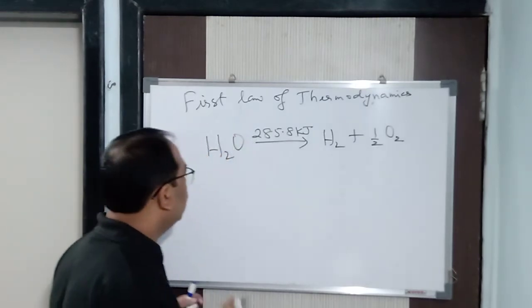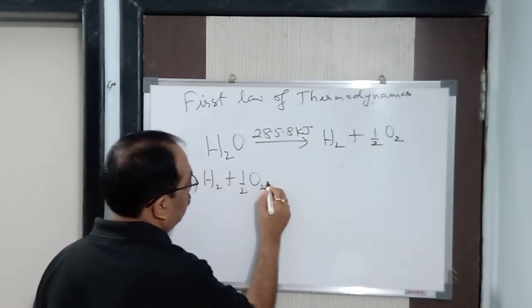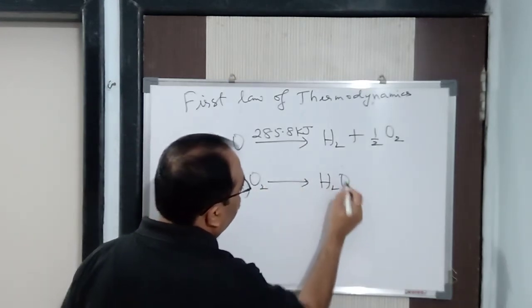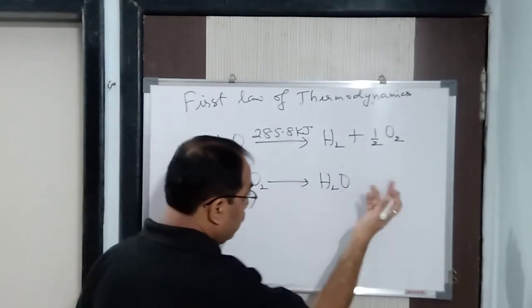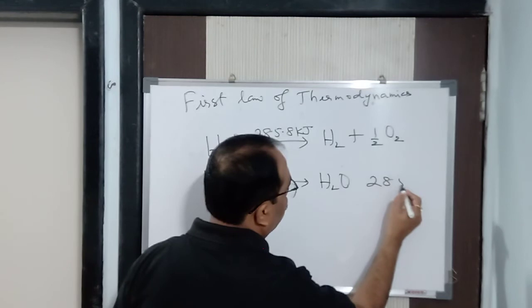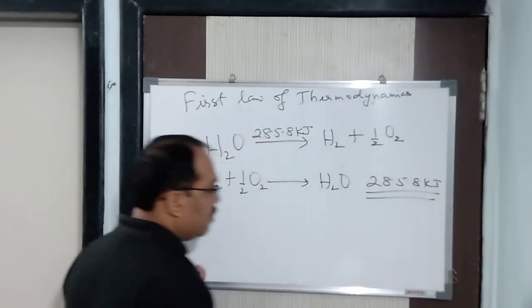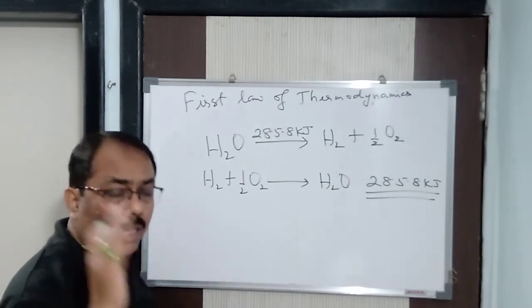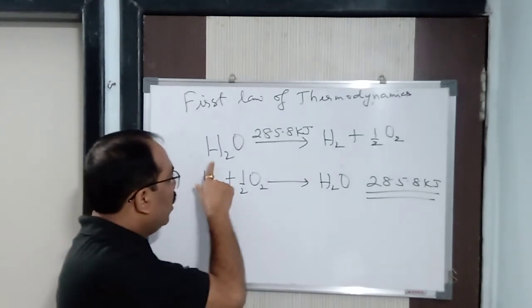Similarly, when hydrogen combines with oxygen to form a molecule of water, then it liberates the same amount of heat, 285.8 kilojoules per mole of water. It has been seen practically and checked. Clear?